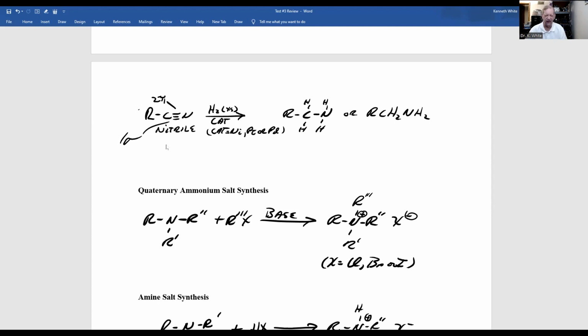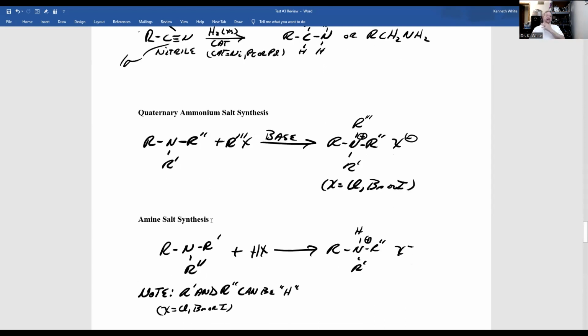And when you add hydrogen in excess, remember the XS in brackets means you've got all the hydrogen in the world that anything can react with. You need a catalyst, and that can be nickel, platinum, or palladium. You break the 2 pi bonds, and each atom of the triple bond gets 2 hydrogens, which you see here. And that's a primary amine, which I can also write this way.